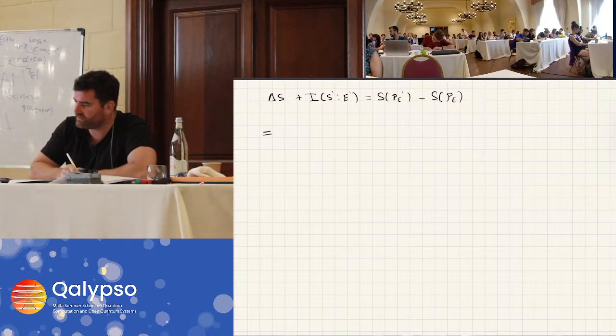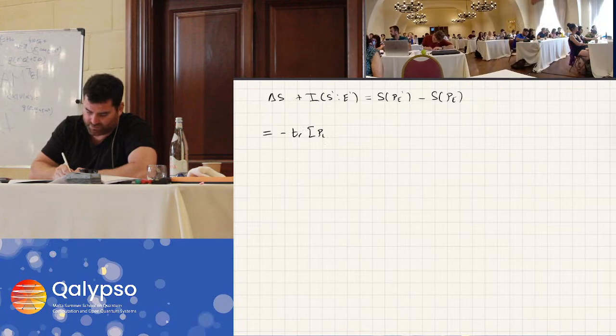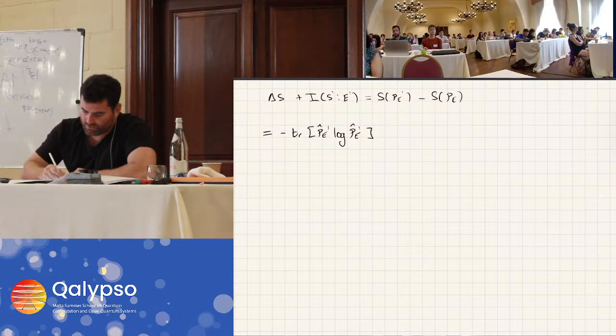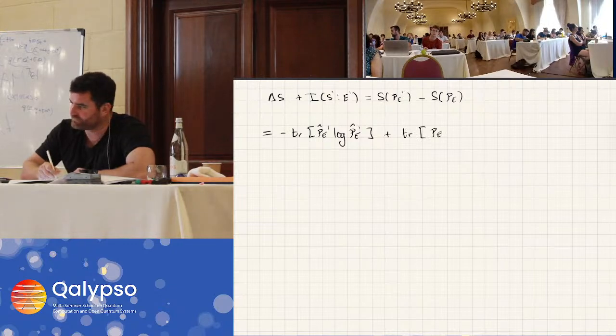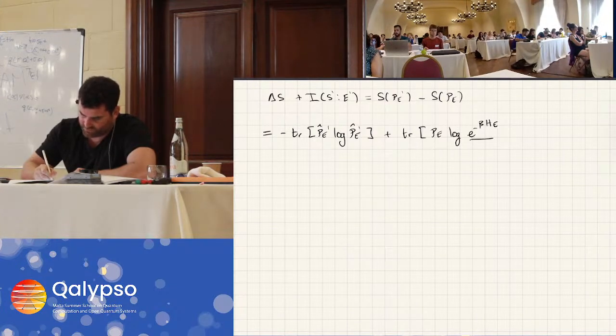Okay? This is equal to minus the trace of rho E prime log rho E prime plus the trace of rho E log of e to the minus beta HE over ZE, and why I'm doing this will become clear in a second.